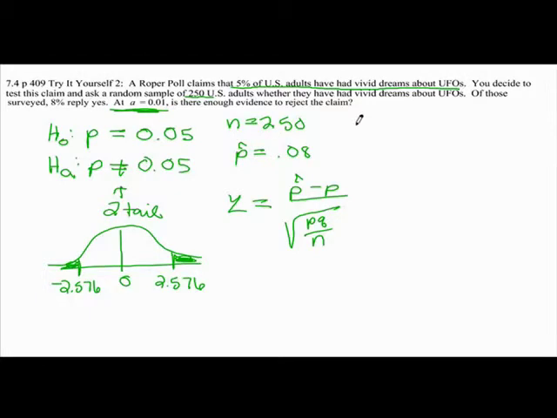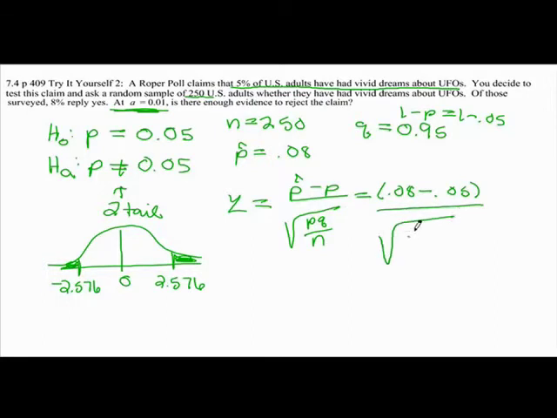So if our p is 0.05, then our q is going to be 0.95, because that's 1 minus p, which was 0.05. And so that's going to give us 0.08 minus 0.05 divided by the square root of 0.05 times 0.95 divided by our sample size, which was 250.